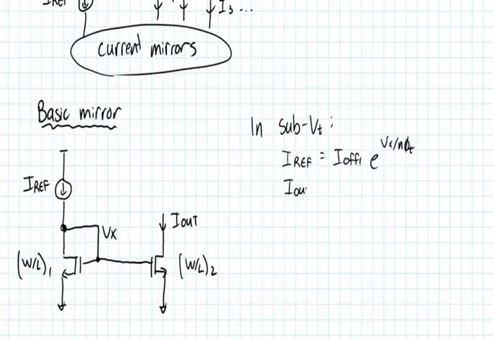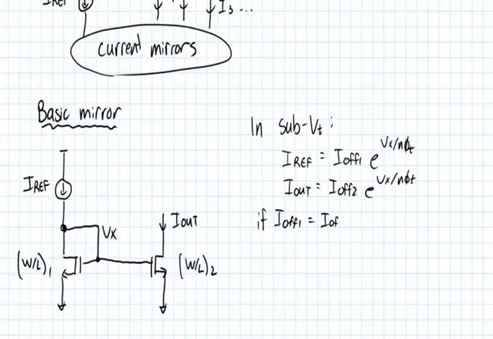I out is equal to I off 2 times e to the Vx over n phi t. Okay, so you can see here that if I off 1 is equal to I off 2, then I out is going to be equal to IREF. Okay, so very good. We've done the job.